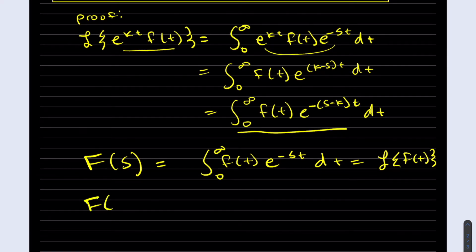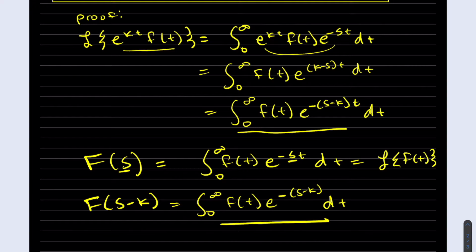So f of s minus k, that means everywhere I see an s, I transpose it. And you can see this is identical to that, so this is identical to that. They're all equal.